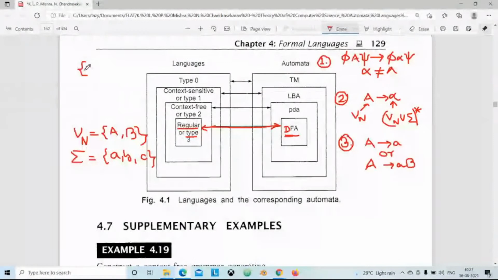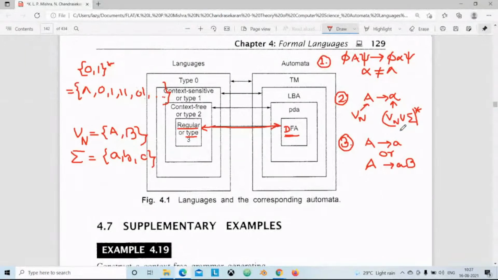Okay, so what do you mean by this? We mean by this a set where empty is included. We can have 0, we can have 1, we can have 11, we can have 01. Okay, we can have any combination of these two. Okay, this is an infinite set.